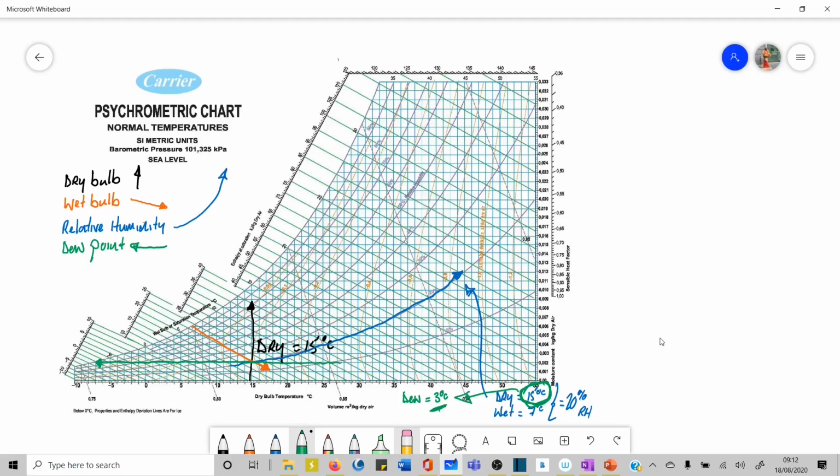We'll go through 1 or 2 examples together, then I'll give you 3 or 4 to work on yourself for you to understand how this actually works. Okay, so let's take a look at the sling hygrometer.